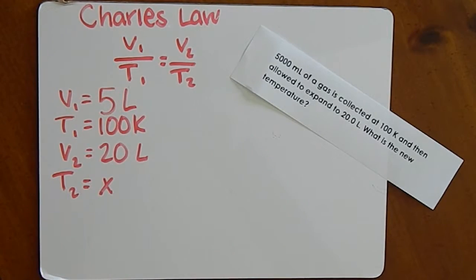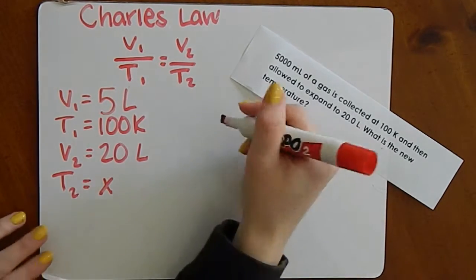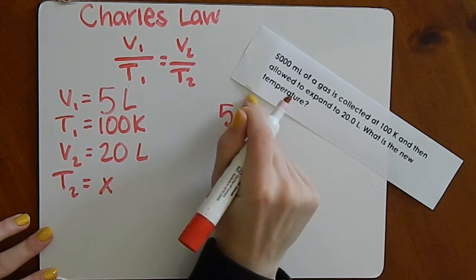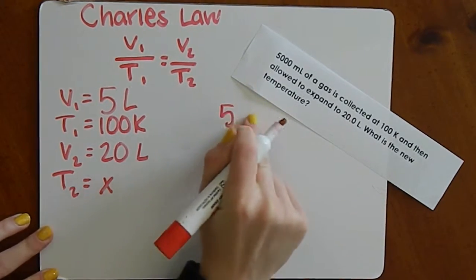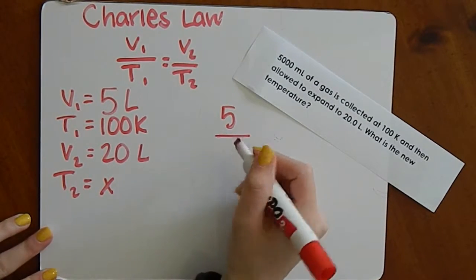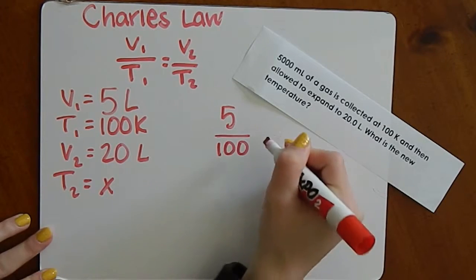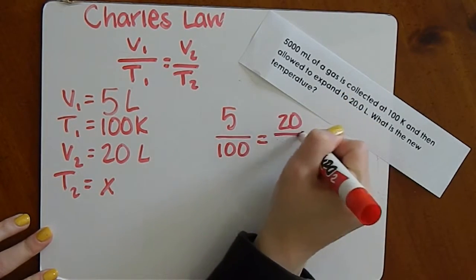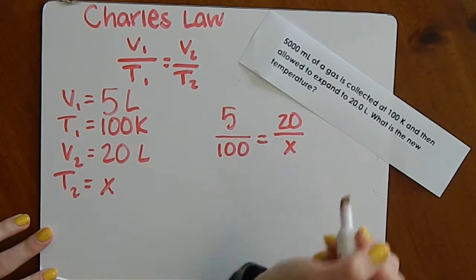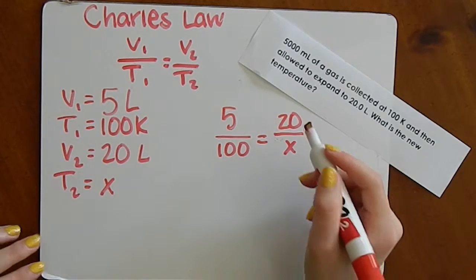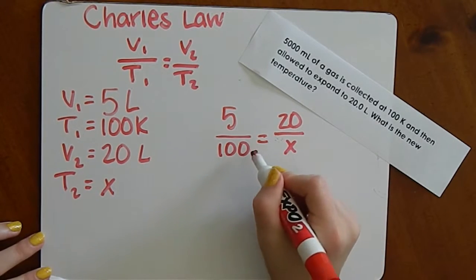Now all we do is plug it in. So V1, which is 5 liters, but we don't have to put the label, over T1 equals 20 over X. So for this, we're going to cross multiply and divide.